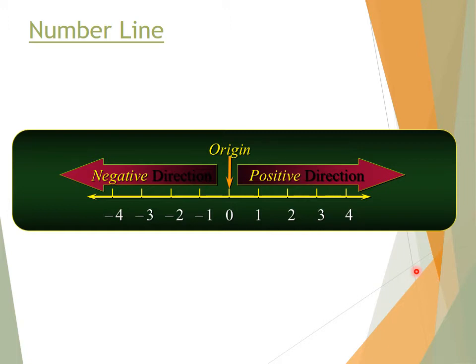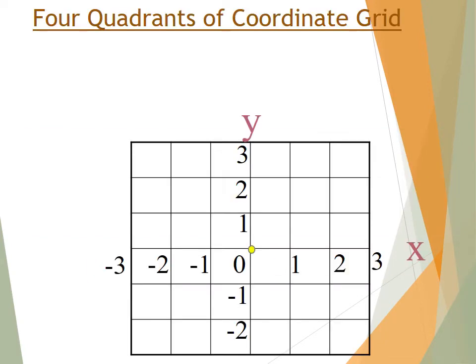That means if we have a line as a one-dimensional figure, then we only have one dimension to measure. But in two-dimensional figures, we have the x-axis and also the y-axis. In such cases, the method of naming the positions is quite different.